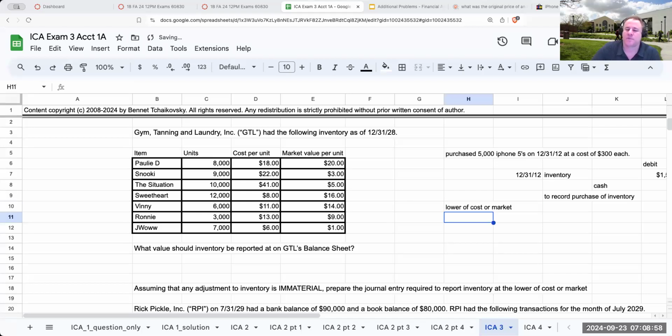When we're applying the lower of cost or market, there's a couple different ways you can do it. You can do it in terms of categories of inventory products. If we're looking at vehicles, maybe trucks, RVs, who knows?